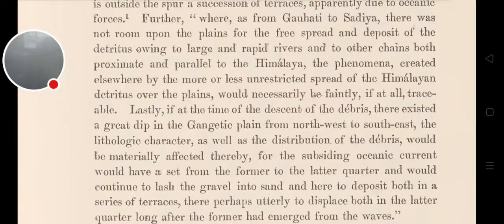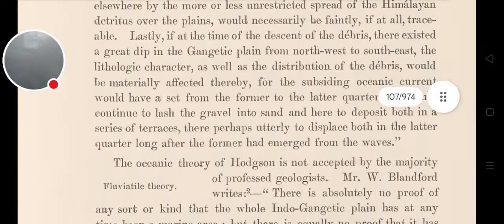Lastly, if at the time of the descent of the debris there existed a great dip in the Gangetic plain from the northwest to southeast, the lithologic character as well as the distribution of the debris would be materially affected thereby, for the subsiding oceanic current would have a set from the former to the latter quarter and would continue to lash the gravel into sand and here to deposit both in a series of terraces, there perhaps utterly to displace both in the latter quarter long after the former had emerged from the waves.